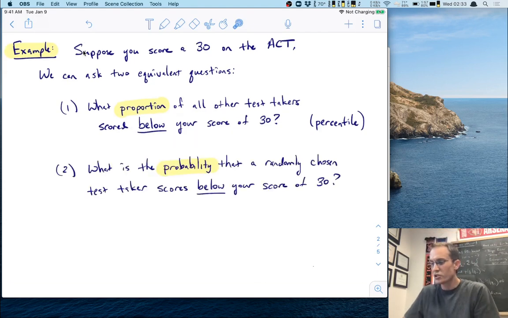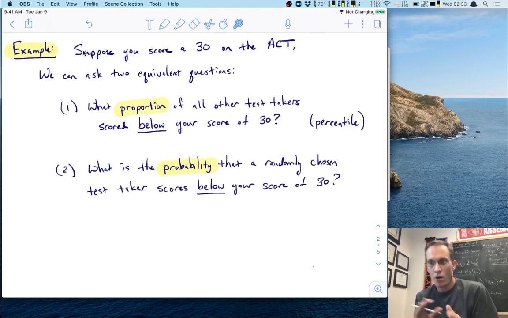An equivalent question could be, what is the probability that a randomly chosen test taker scores below your score of 30? Now, both of these questions might sound a little different, but they both have the same answer. They are asking the same information about your score, 30, compared to the distribution of ACT scores.